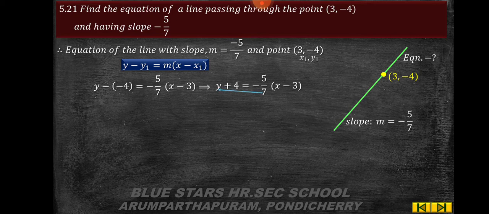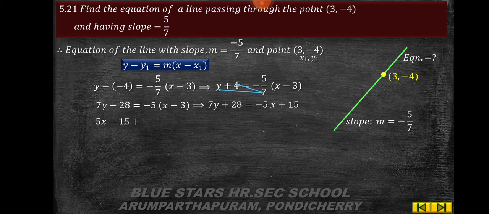If you cross multiply, 7 into y plus 4, you get 7y plus 7 fours are 28. This is equal to -5 into x minus 3, which implies 7y plus 28 is equal to -5 into x is -5x, minus 5 into minus 3, minus into minus plus, 5 threes are 15.